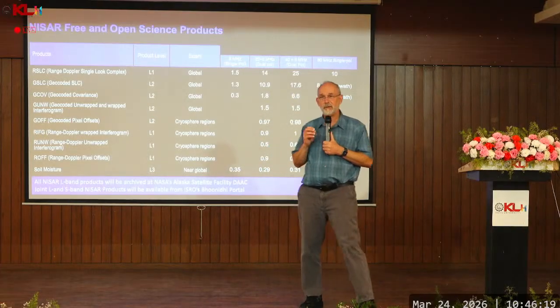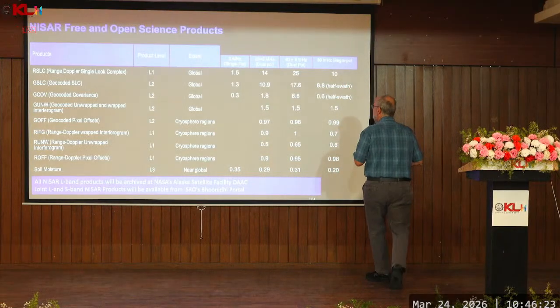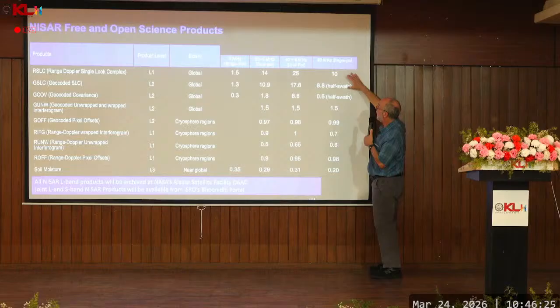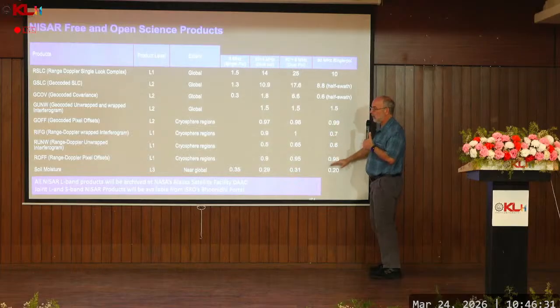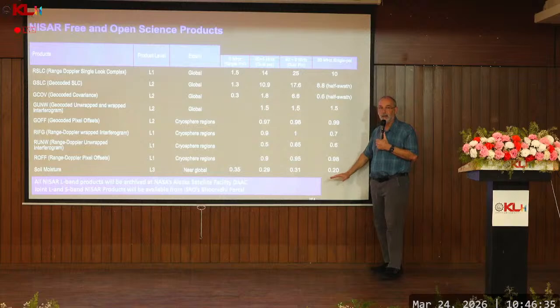So this should be a very useful product. You can see that after you get downward from the GSLC and RSLC products, the volumes of the products start to become more and more manageable. Down here at level 3, this is pretty easy to deal with.